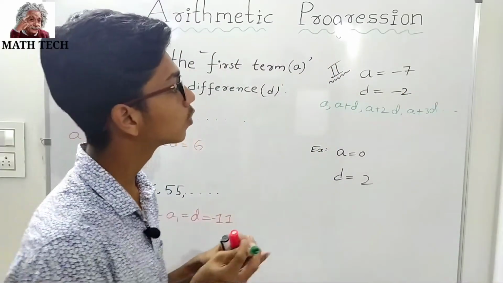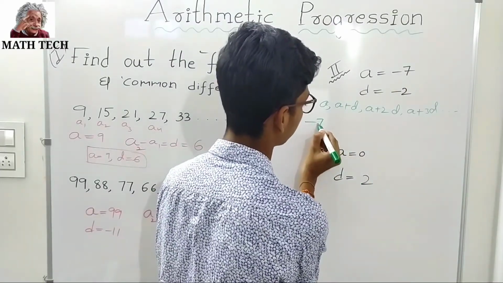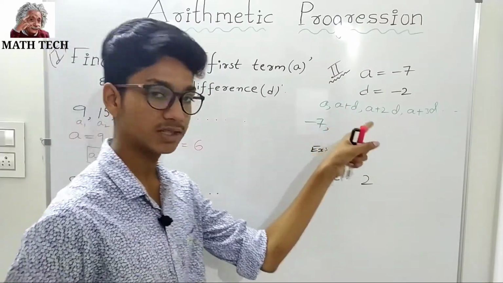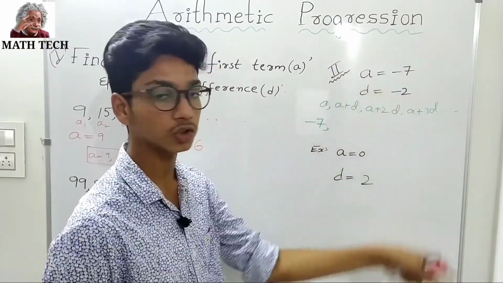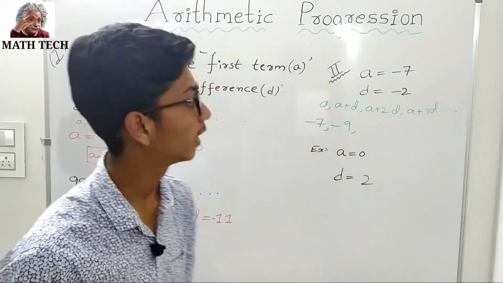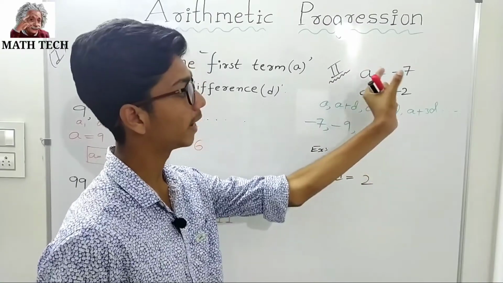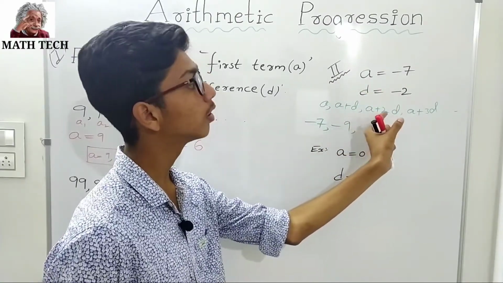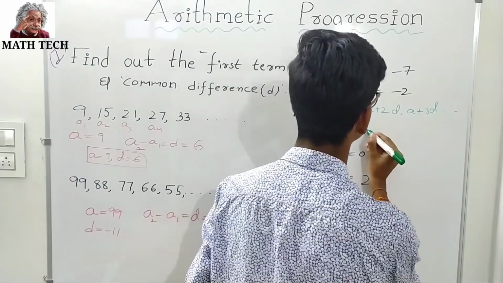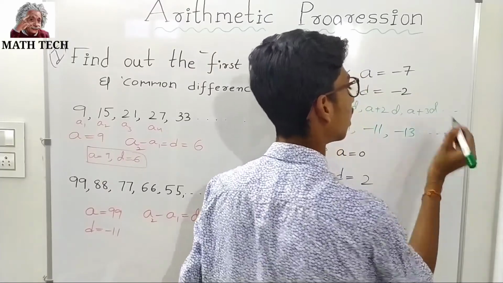So the first term is minus 7, so write simply minus 7. Then a plus d is minus 7 minus 2, that is minus 9. And a plus 2d is minus 7 plus 2 into minus 2, that is minus 7 minus 4, that is minus 11, and then minus 13, and it goes on.